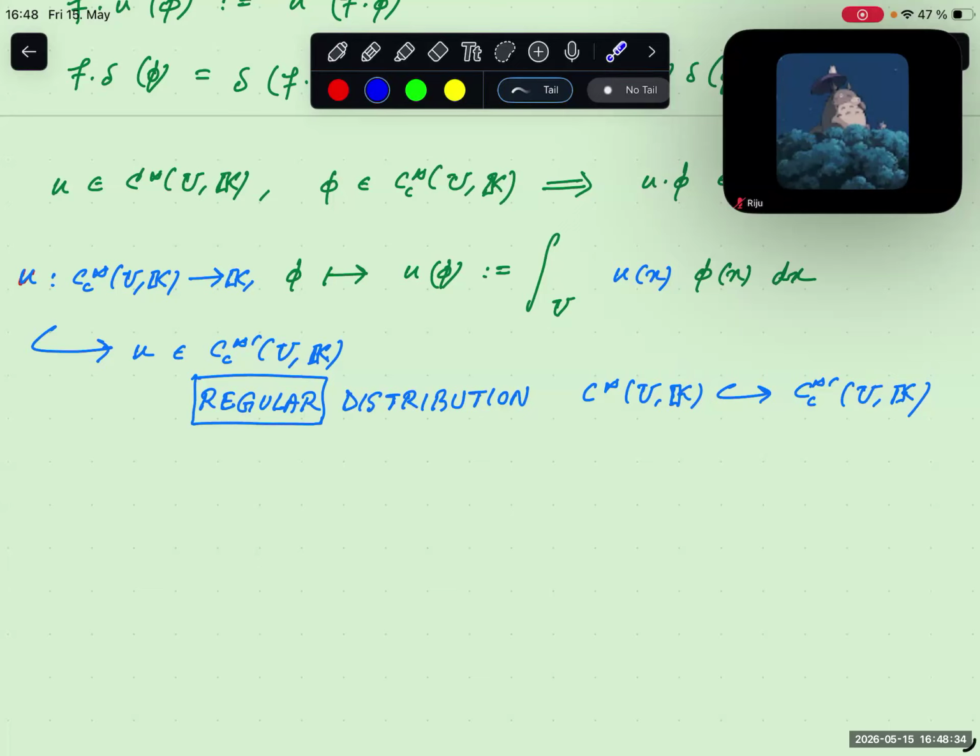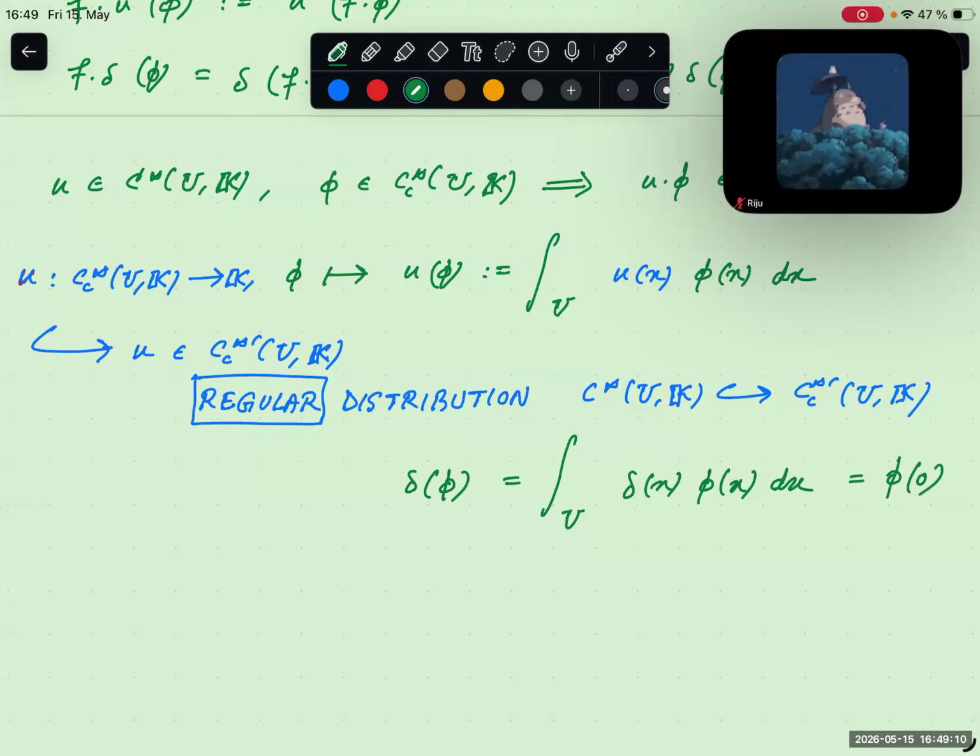So he thought for Dirac delta, now if I write, no, I want to use red as a caution, so he thought this equals the integral of delta of x times phi of x dx, equals phi of 0.